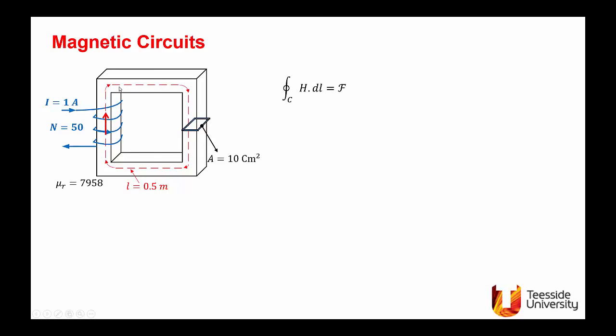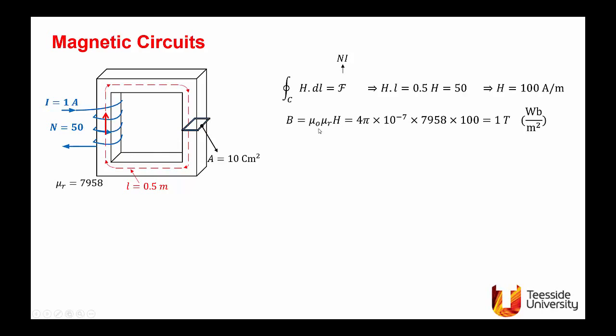The magnetomotive force acting on this flux contour is the total current enclosed by the contour, which is 50 turns multiplied by 1 amp, so it's Ni. Apply Ampere's Circuit Law: F is Ni, and the integral of H dl, we know L is 0.5, and that gives H as 100 amp per meter.